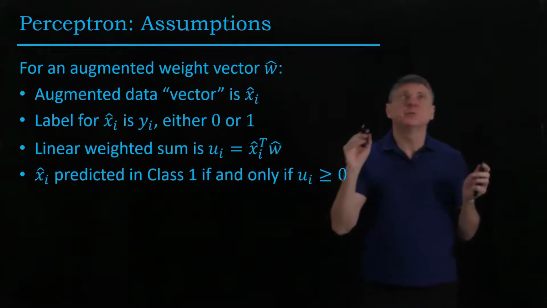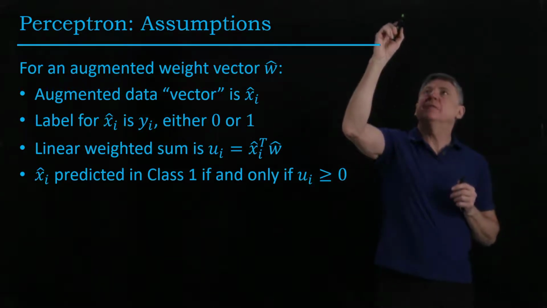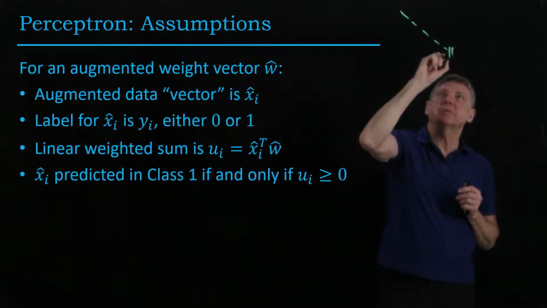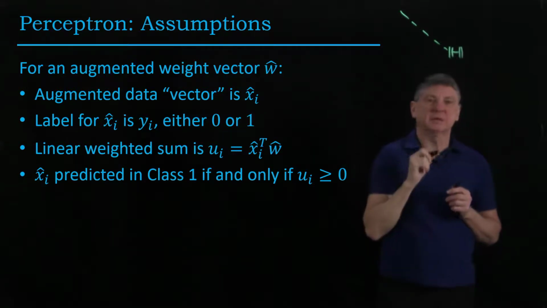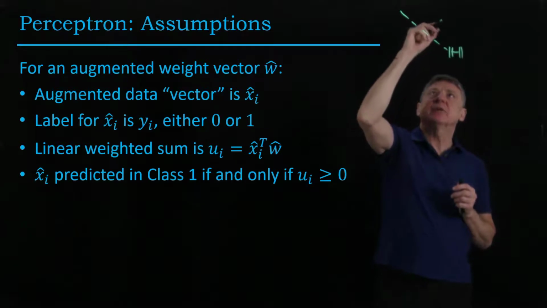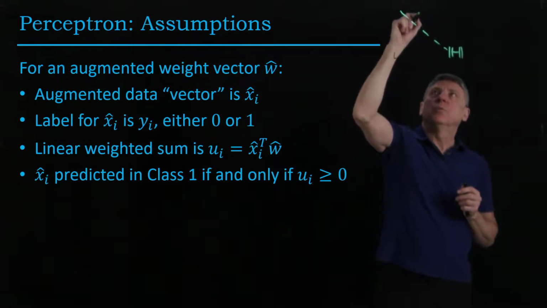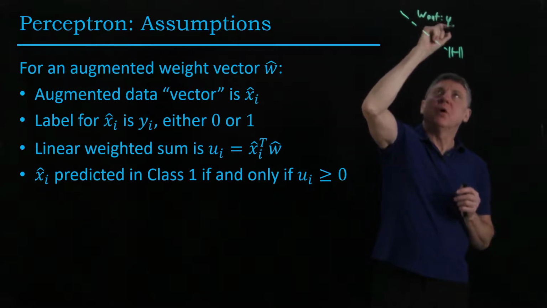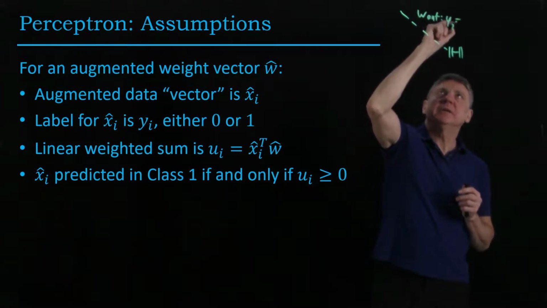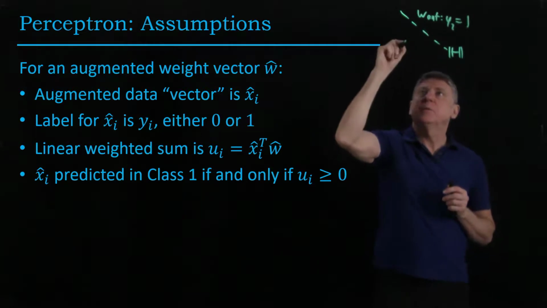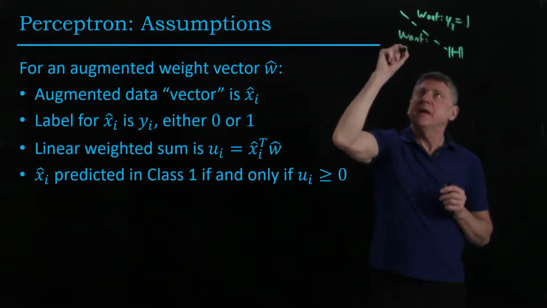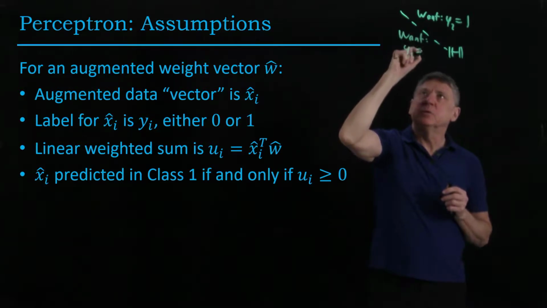Let's visualize this. What we have is a hyperplane of separation, and let's represent that using our double-barreled H. And this is our set. We want on this side every label to be equal to 1, and we want on this side every label to be equal to 0.